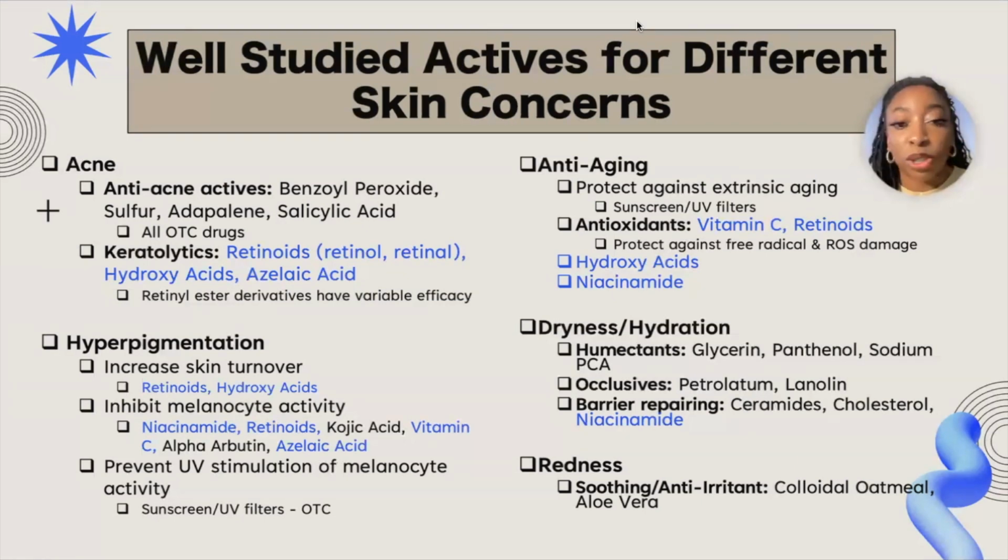And if you were to search for these actives, they each have a decades long history of efficacy backed by data, numerous clinical studies, and well controlled clinical trials. There are other active ingredients that can be used to address these skincare concerns, but many of the newer actives are not as well researched and don't have the evidence to support their standalone efficacy in a product.